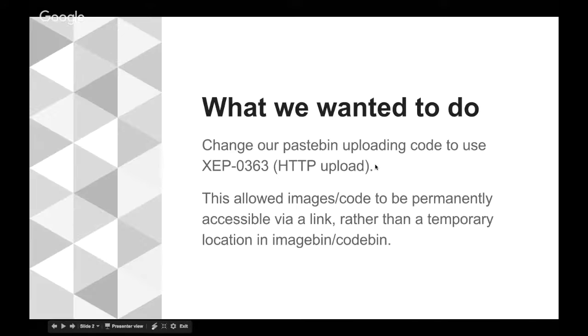So first thing is what we wanted. We wanted to change our pastebin uploading code to use XEP-0363 or HTTP Upload, which is what Jonathan just talked about. This allowed us to upload images and code permanently to a link rather than a temporary location in one of our image or code bins.